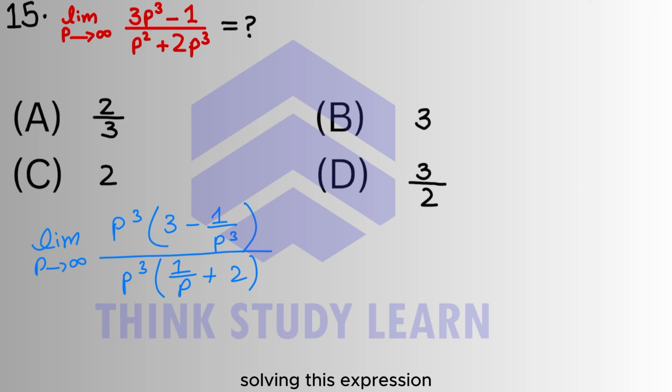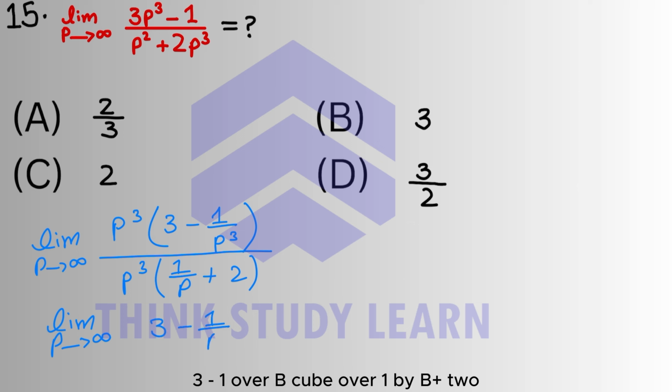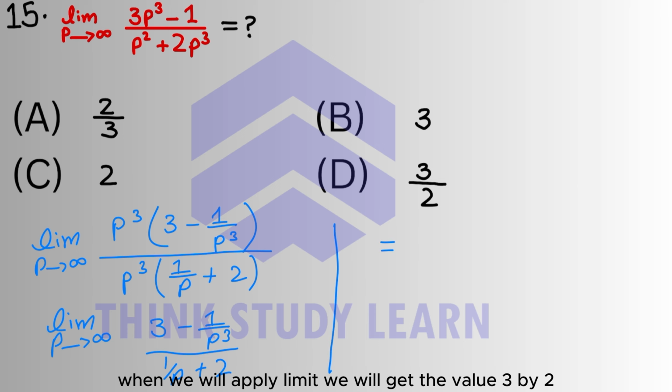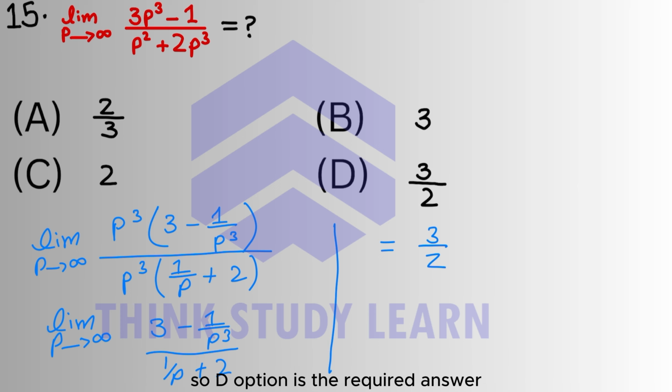Solving this expression, limit p approaches infinity, 3 minus 1 over p cube over 1 by p plus 2. Now we will apply limits because this is not an indeterminate form. When we apply the limit, we will get the value 3 by 2. So D option is the required answer.